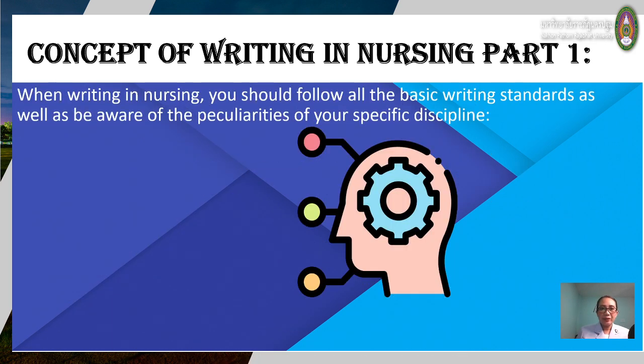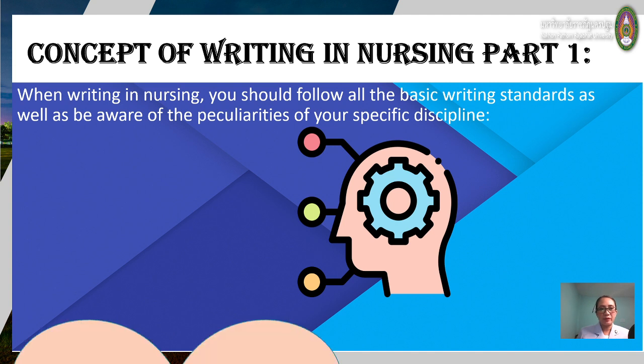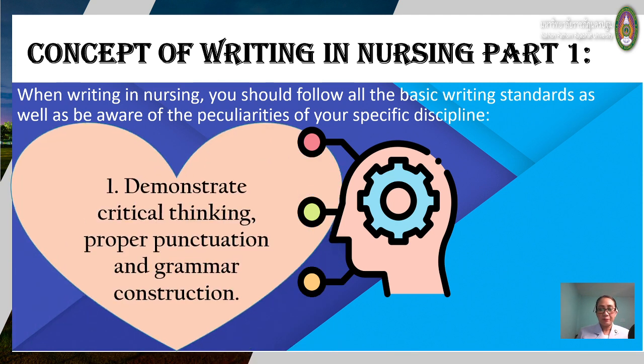With writing in nursing, you should follow all the basic writing standards as well as be aware of the peculiarities of your specific discipline. First, we have to demonstrate our critical thinking, proper punctuation, and grammar construction. Writing is very, very important. Every detail of your patient's records in the hospital is very important, especially in the outcomes of care.